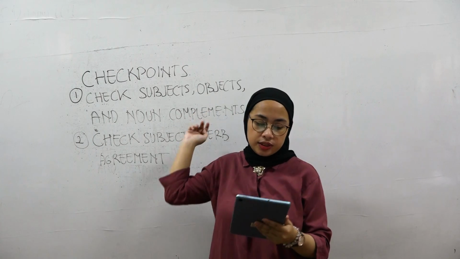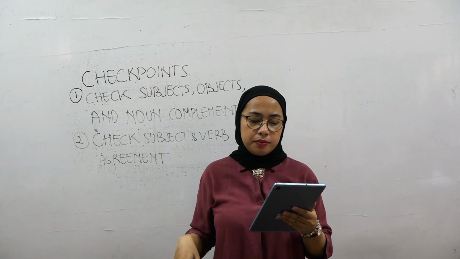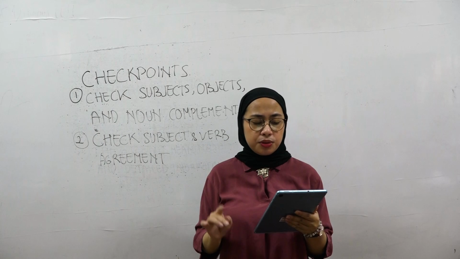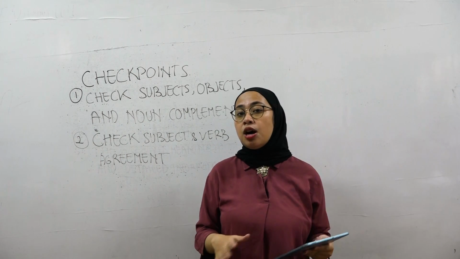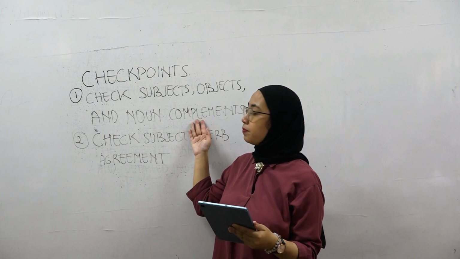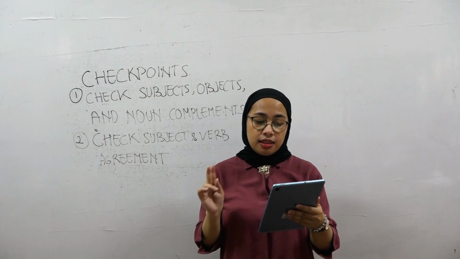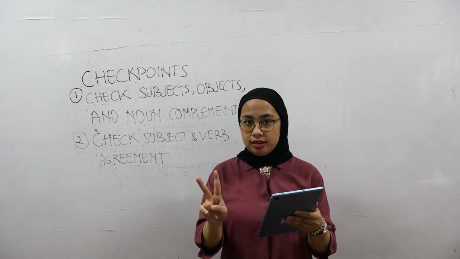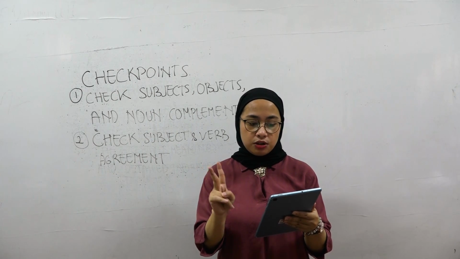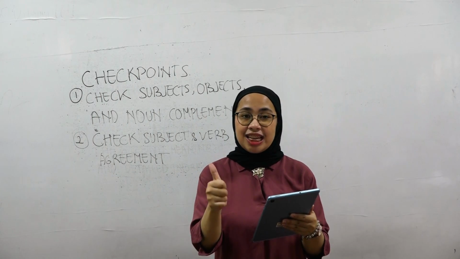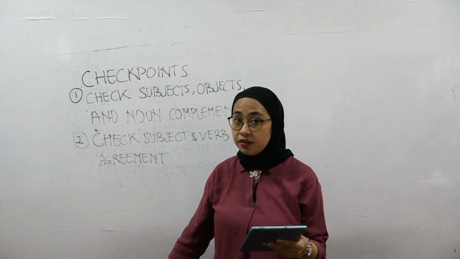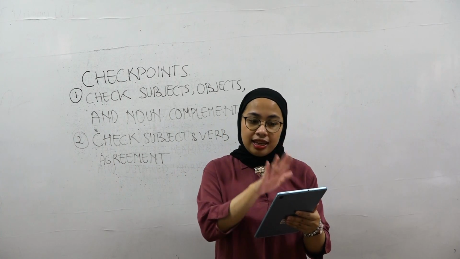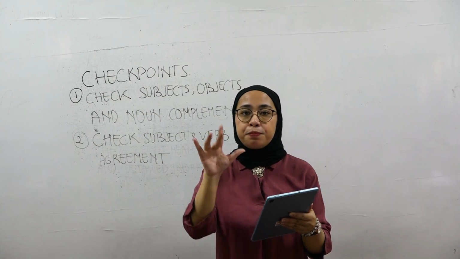Now let's move on to noun complement. This may sound new to you, but I will explain it slowly, all right? In noun complement, there are two kinds of functions. First, subject identifier, which means it comes after the verb be.